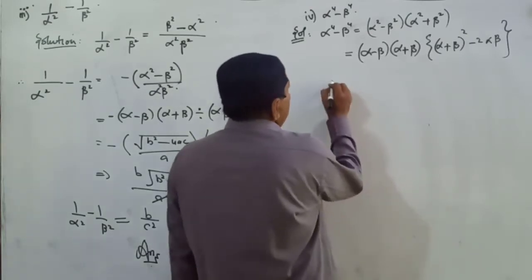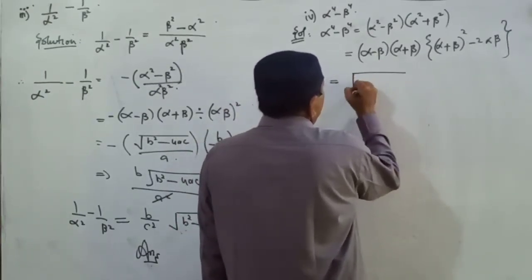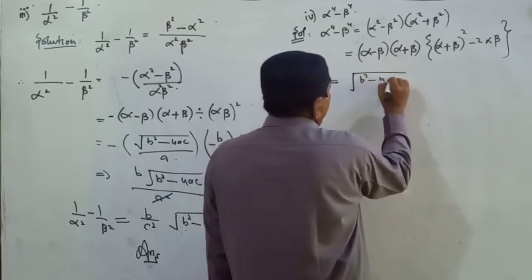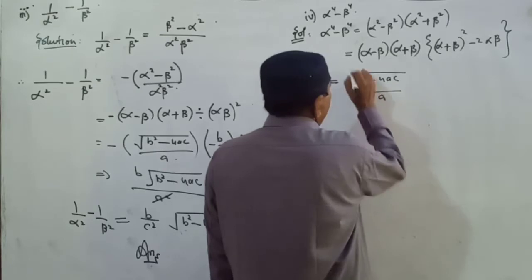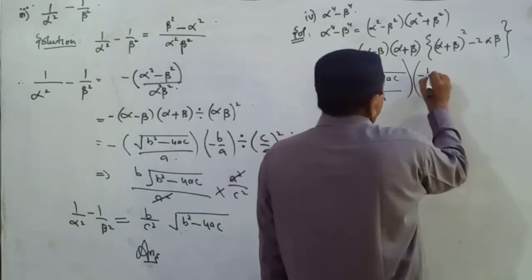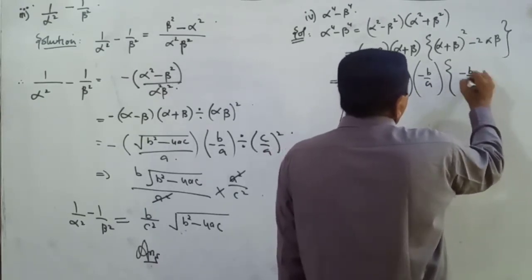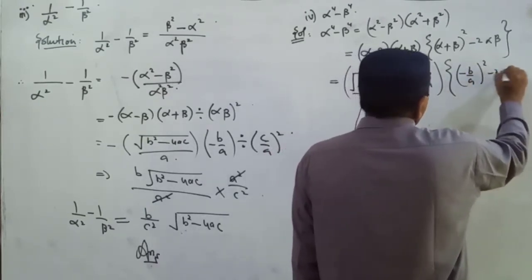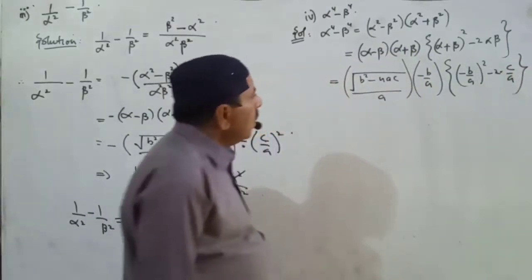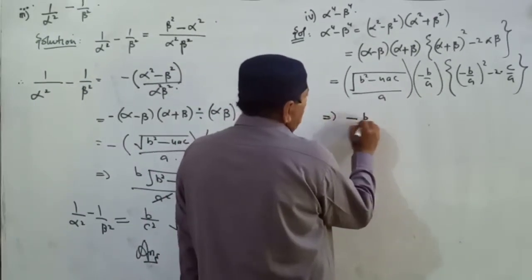Now after substituting the values, the difference of roots, square root of b square minus 4ac upon a, then minus b upon a whole square minus 2 into c upon a.